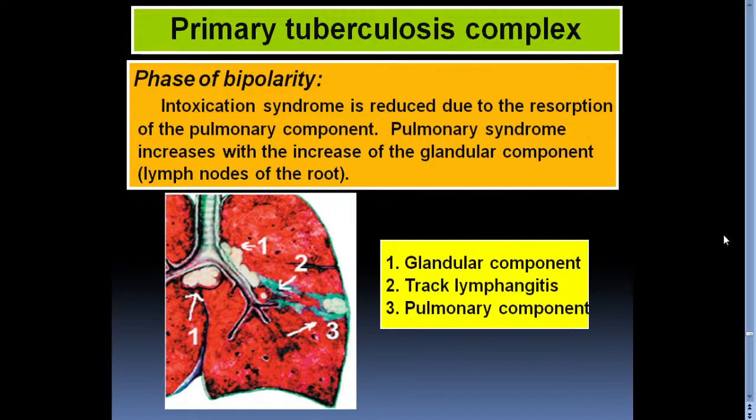And here you can see all three components of primary TB complex. First, the glandular component; second, lymphangitis; and third, the pulmonary component, infection of lung tissue, specific inflammation in the lung tissue.